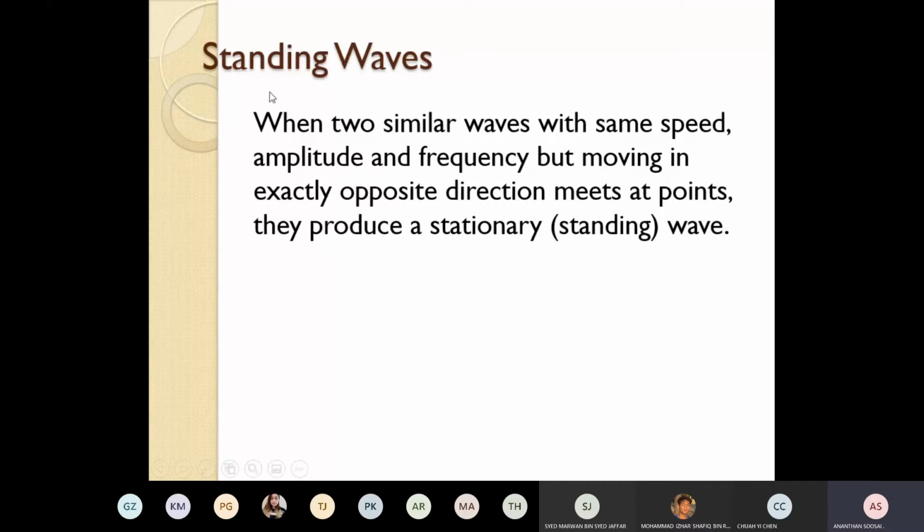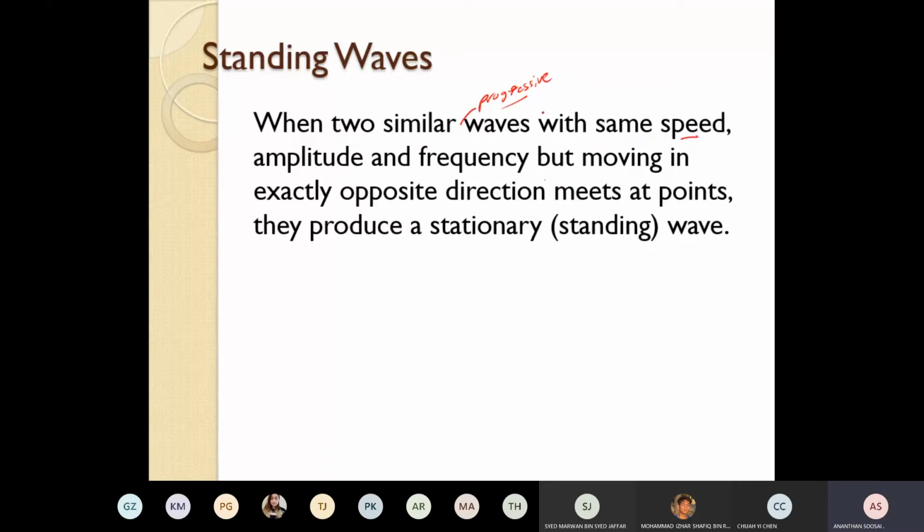How was it formed? A standing wave happens when 2 similar waves with the same speed. What is that? Two identical waves. I missed a very important word here. What you can say is a progressive wave. 2 similar progressive waves with the same speed, amplitude, frequency.